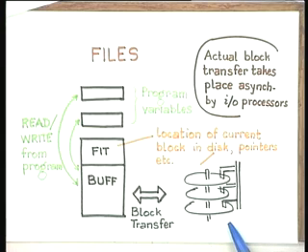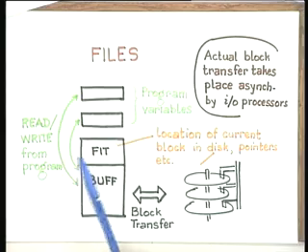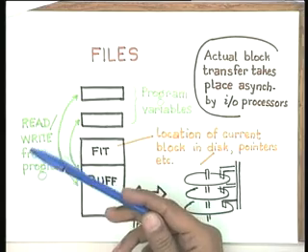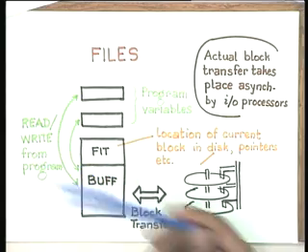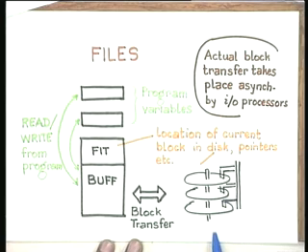This thing that looks like an idli pan to make idlis in a pressure cooker is actually the disk drive or some secondary storage device. So, in the case of files, there is a logical difference between the program read and write operations and the actual transfer to and from the secondary storage, which is this idli pan.